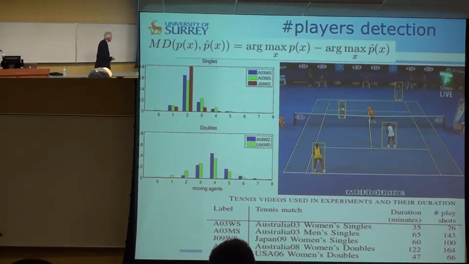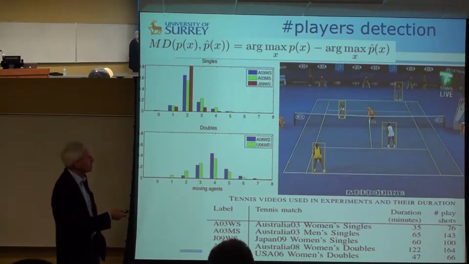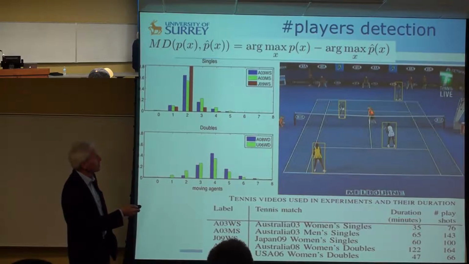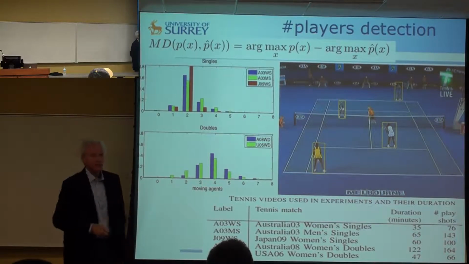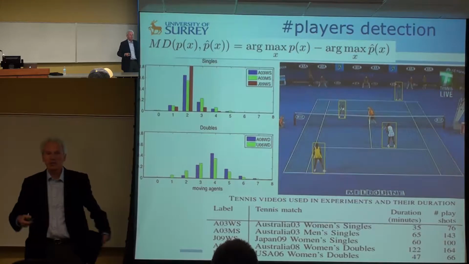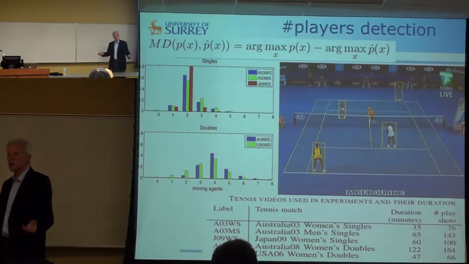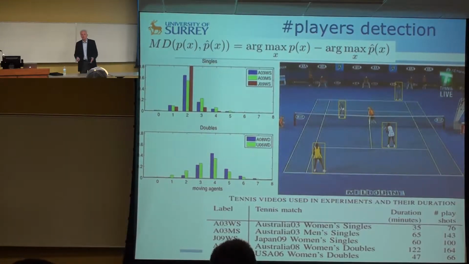And that has the disadvantage that, for instance, when you have boys who are collecting tennis balls after the match, they are moving also. So sometimes you have 5 people, sometimes you have only 3.